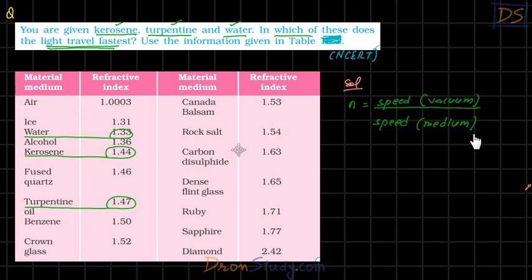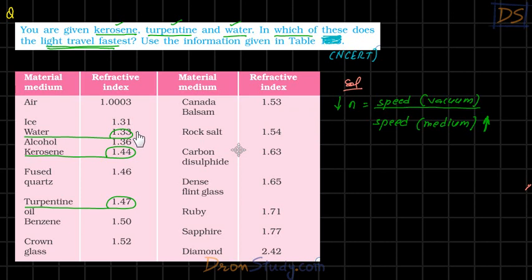If speed of light in a medium is more, then refractive index will be less, isn't it?